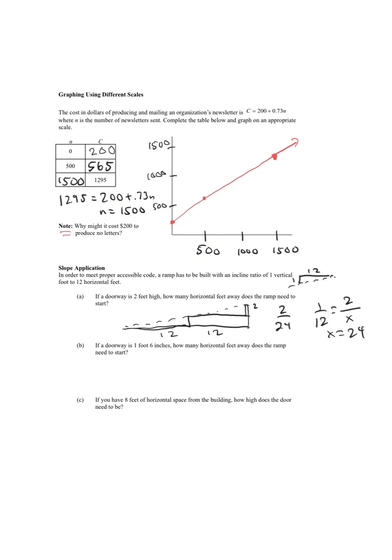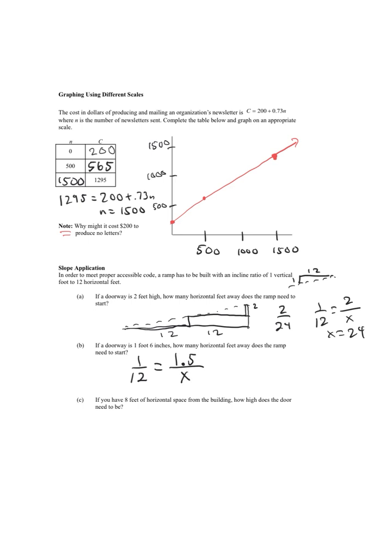You could do a similar one. What if the door is 1 foot 6 inches? See how that doesn't divide evenly, like 1 foot into 2 feet. It doesn't go quite as even, so we'd have to really set up our equation to solve. The ratio needs to be 1 to 12. But this time, the height is 1 foot 6 inches, so that would be 1.5 feet, right? Because 6 inches is half a foot.